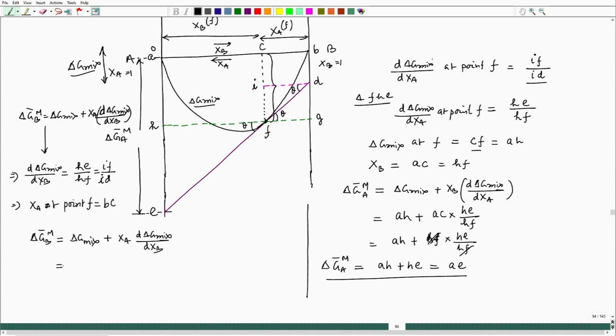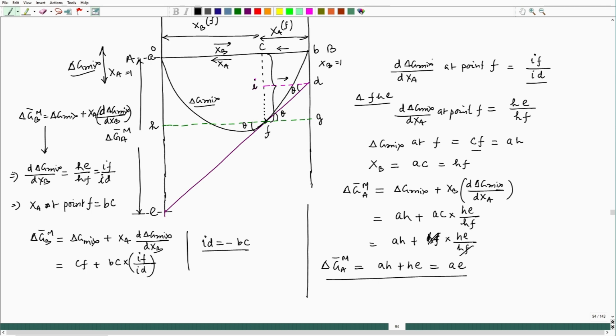So, I can put it, this is nothing but Cf plus xb equal to Bc into, this is nothing but If divided by Id. Now, Id is nothing but minus of Cd, okay, because Id is, we are taking this way and Cd is basically B minus of Bc.